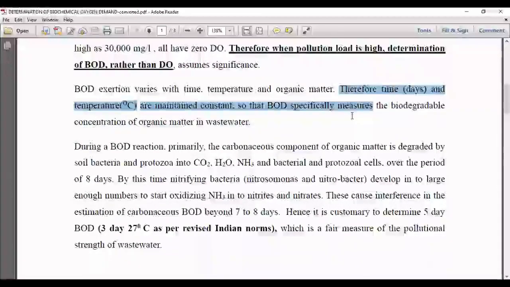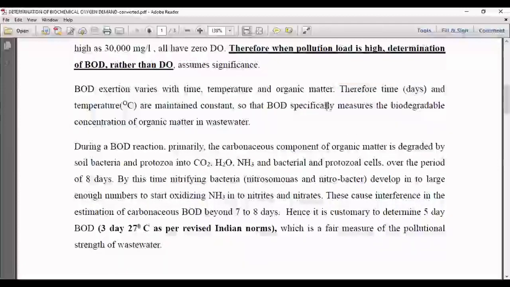As the BOD is going to vary with the time, temperature, and the organic matter, what we can keep constant is the time and temperature, and then we can find out the BOD values. So the idea they have used is to keep the time as well as the temperature constant, because we cannot work on the organic matter.